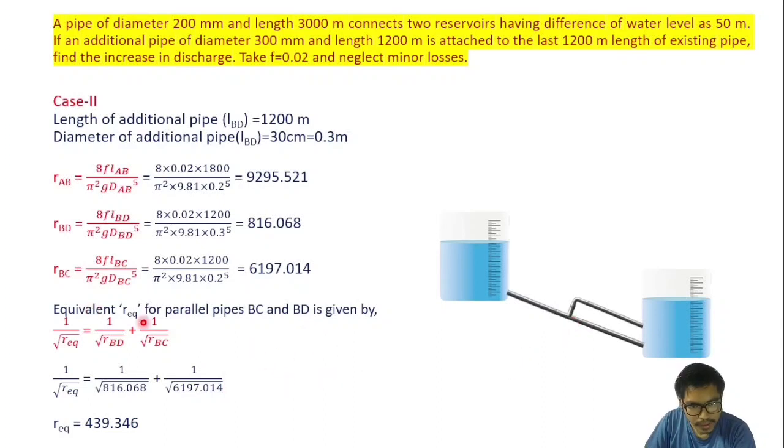So the equivalent for parallel pipes, this is BC and this is BD. So the equivalent of these two pipes is given by REQ. A, B, C, D. BC is one pipe and BD is an additional pipe.